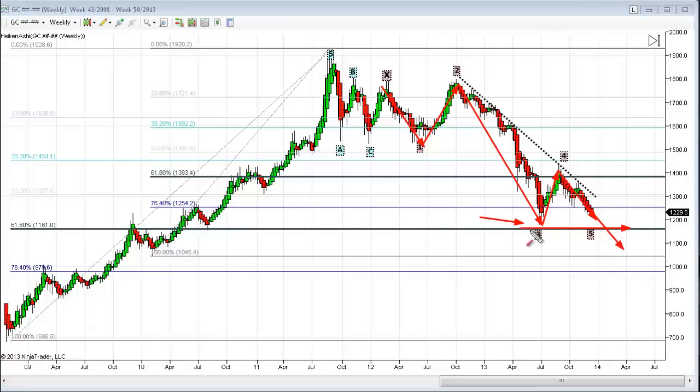Regardless of which way the market pans out, at the point that we can identify that we have terminated this fifth wave and begun our ABC, we've got some great trades ahead of us, both on the downside as it continues and then on the upside as we go into next year.